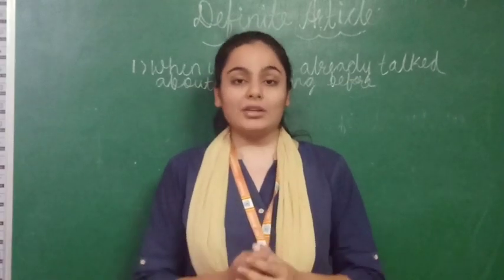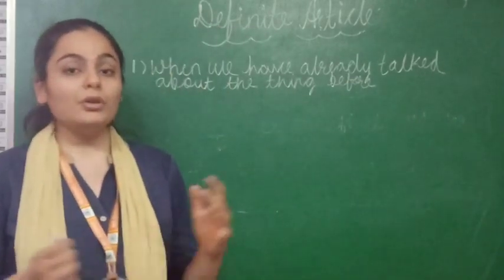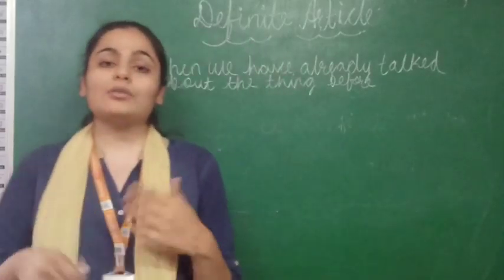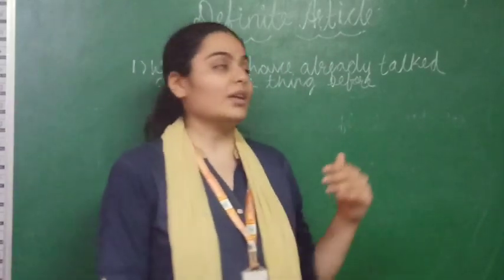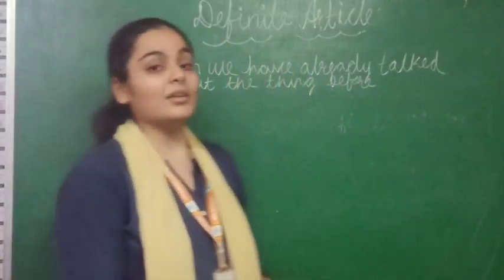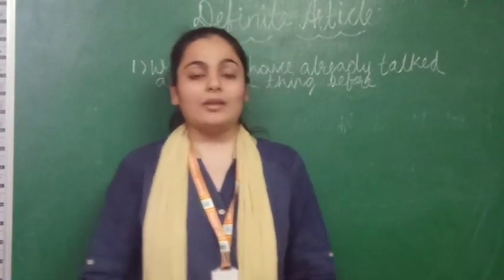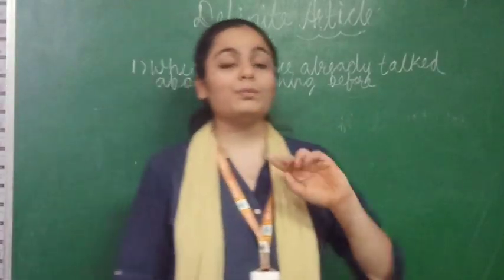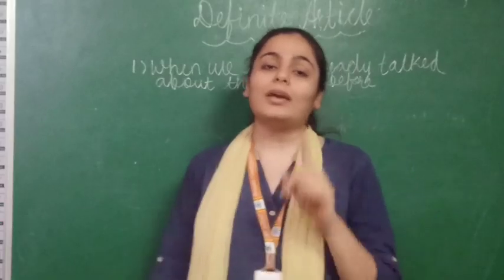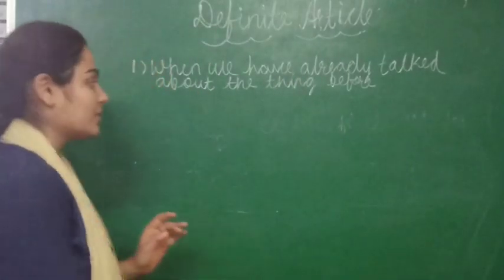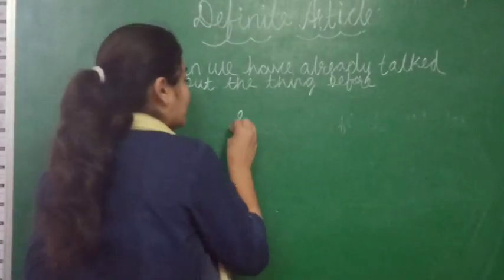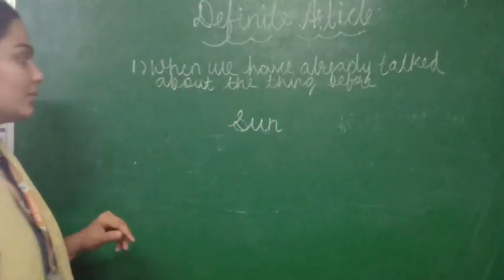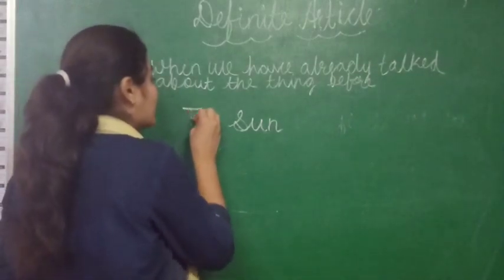But with a plural noun, meaning more than one thing, we use the. And we also use the for anything that is one in the whole world, like the sun. The sun is one in the whole world, so we write the sun.